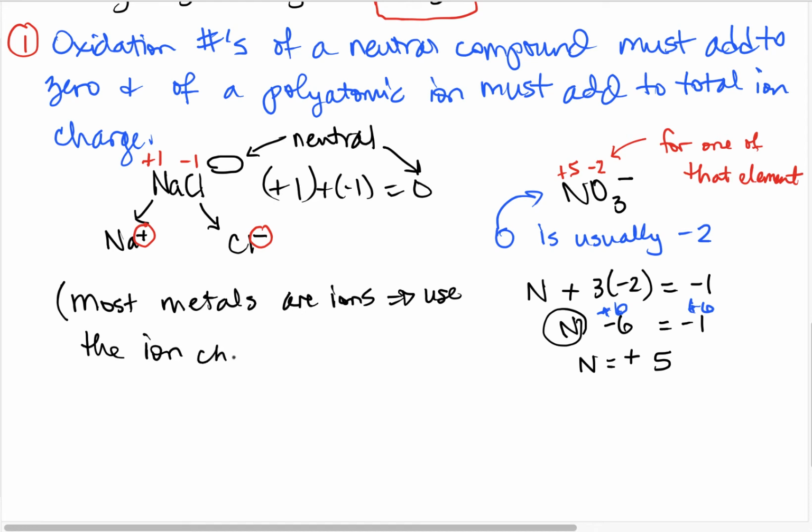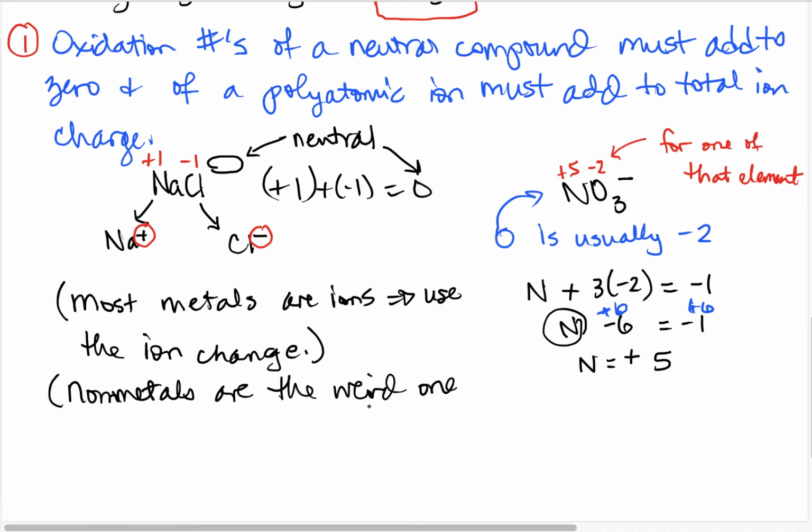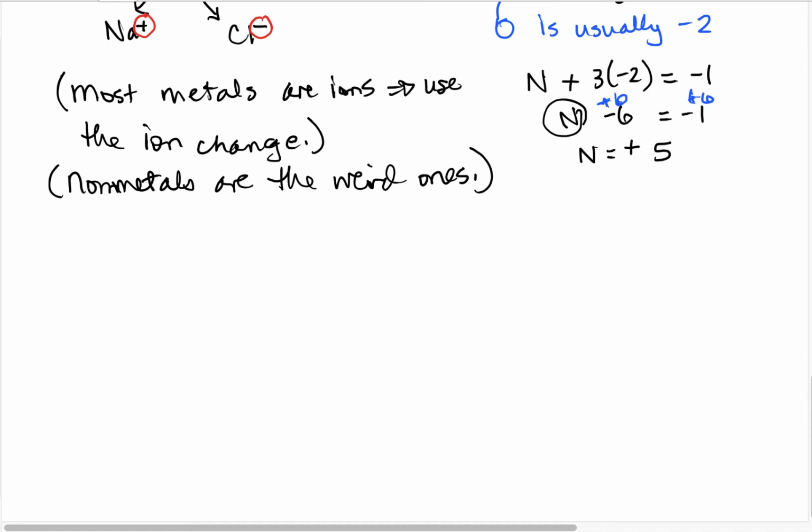And so it's mainly the nonmetals that have weird rules. So the next 3 rules are going to deal with the nonmetals. The numbering on my rules here is the numbering in the book, and that's where it's coming from. I just wanted to make sure that was clear.